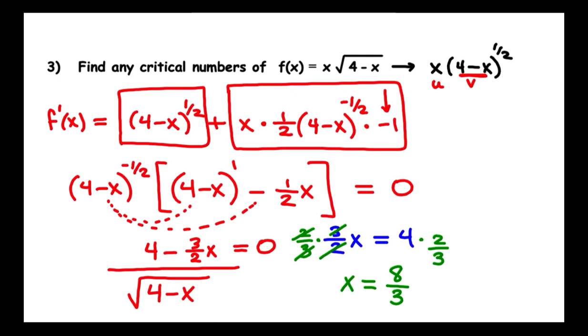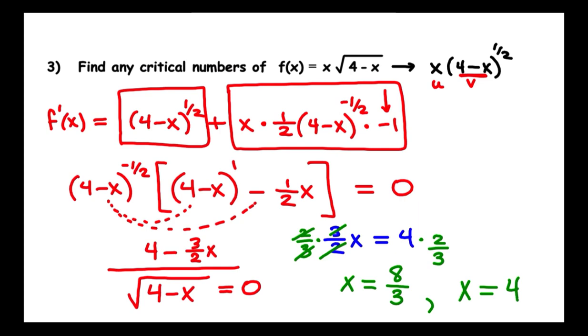And you can see that one critical number is x equals 8/3 or 2 2/3. Okay, so that's definitely one of them. And now, if we take that 0 to the denominator, you can also see that x equals 4 would make the derivative not exist. So x equals 4 is also going to be a critical number.